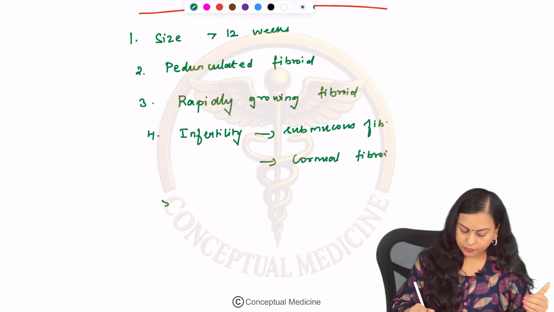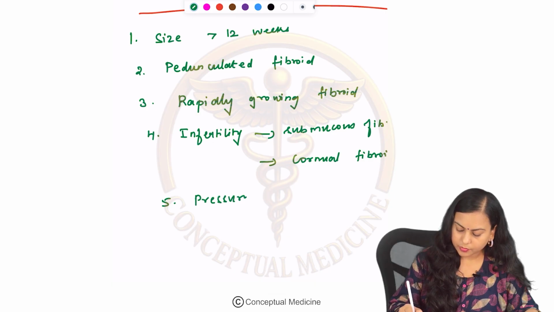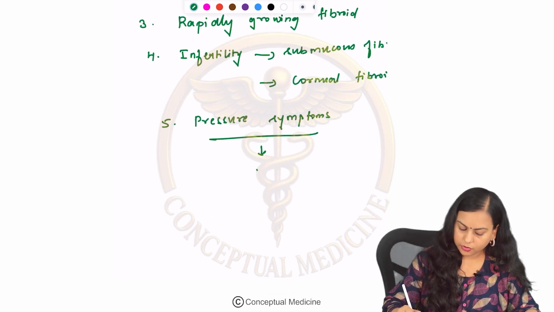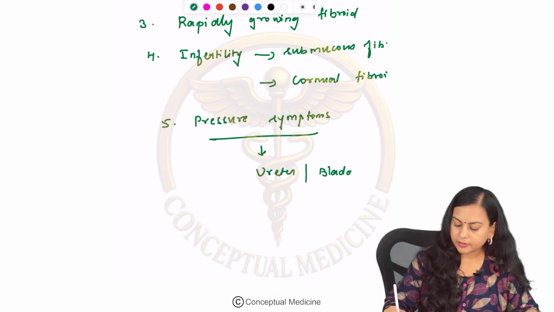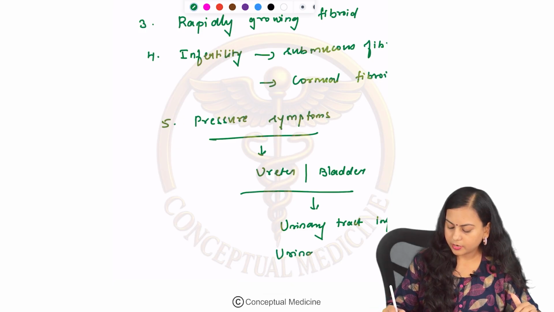And finally, a fibroid that will cause pressure symptoms, especially when the pressure symptoms are caused on the ureter or bladder, the adjacent urinary tract, it will result in urinary tract infection, and even sometimes urinary retention.